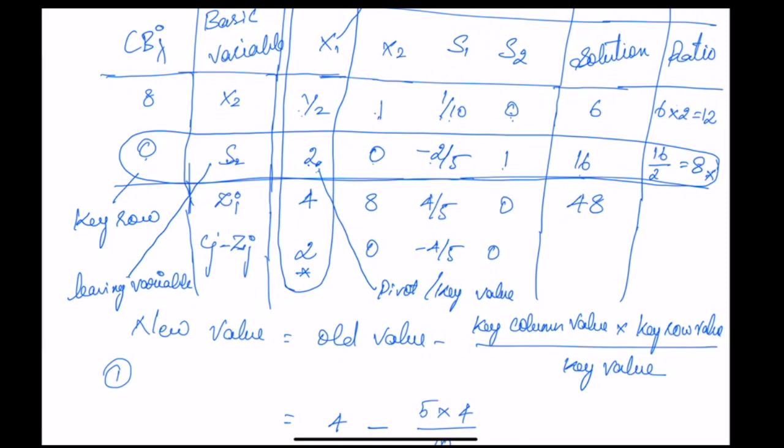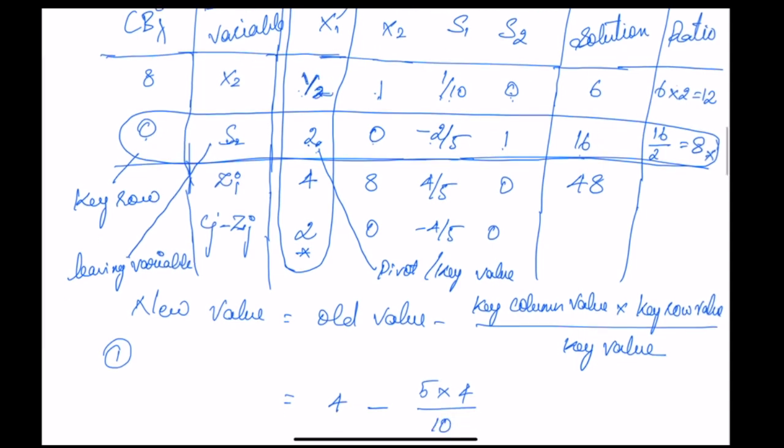I have written all the 5 old values, and correspondingly I am going to see the corresponding key row value, which will be 1 by 2. For all these 5 values, the corresponding key row value will be 1 by 2.